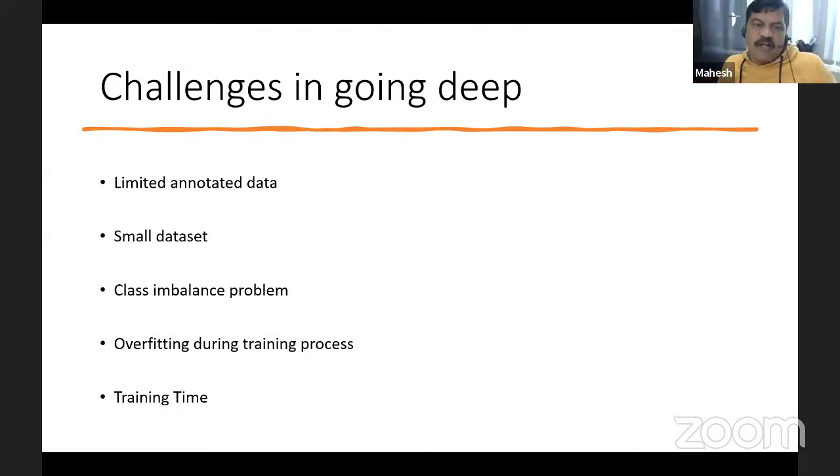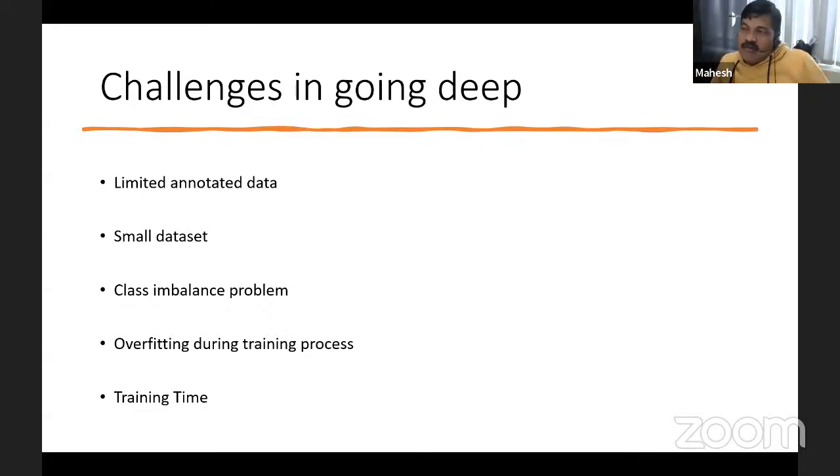There is another problem, which is a small data set. The size of the data set is small. Then there's the class imbalance problem. What do you mean by class imbalance? I want to classify COVID and non-COVID, and I have to collect CT images. It's okay nowadays because of the corona pandemic situation; you will get a lot of COVID images, but healthy images are rare, because nobody will go for a CT image without a reason, so you have to pay and encourage the subject, saying I want CT images of healthy people.